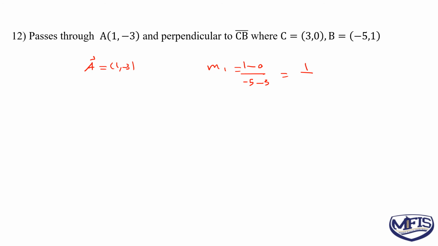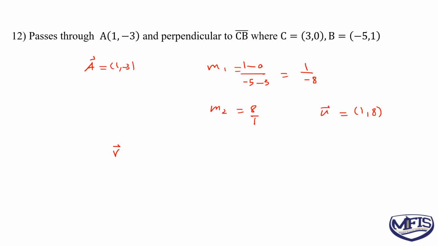So it will be 1 over negative 8. So the required slope m2 will be positive 8. So the direction vector will be (1, 8), because 8 over 1. So it will be (1, 8).